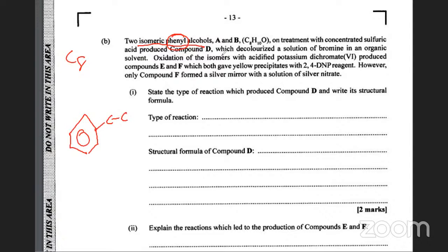Next thing it says, on treatment with concentrated sulfuric acid. So we know we have an alcohol, that's for sure, right? On treatment with sulfuric acid, you get compound B. Once you react the alcohol with sulfuric acid, you know you are dehydrating the alcohol.